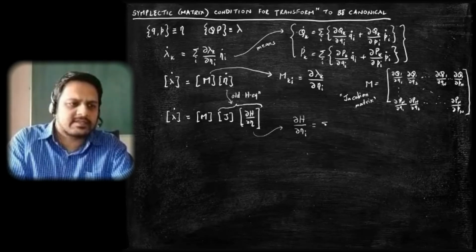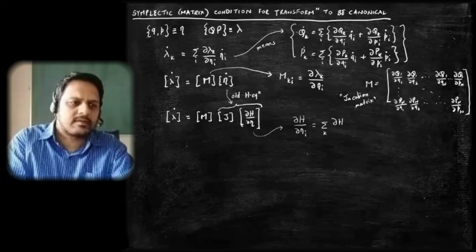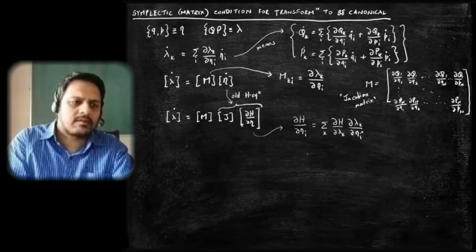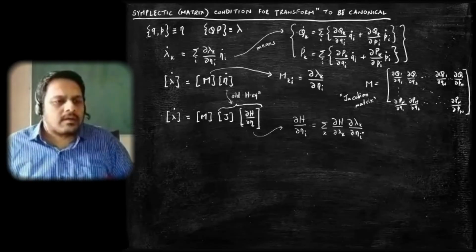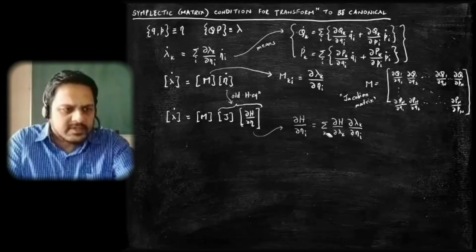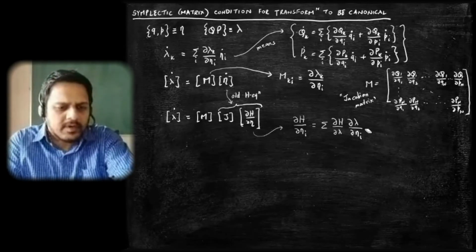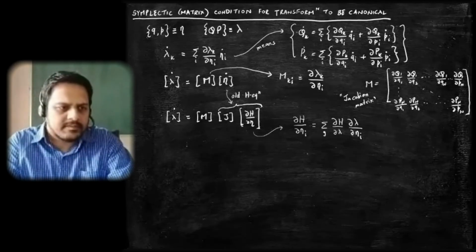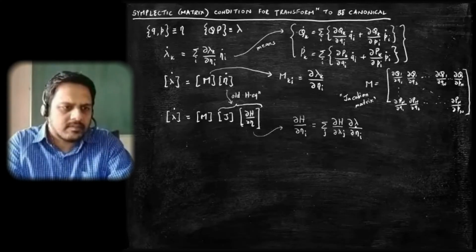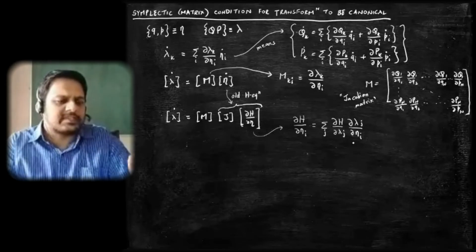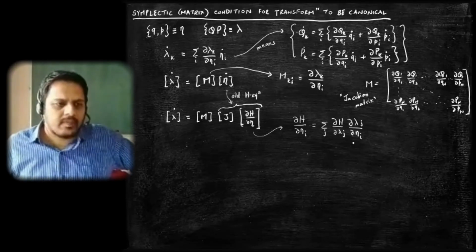We can write this as summation over k, agreed? Let me write the summation over a different letter. Let me call it j. Just expansion in terms of partial derivatives.